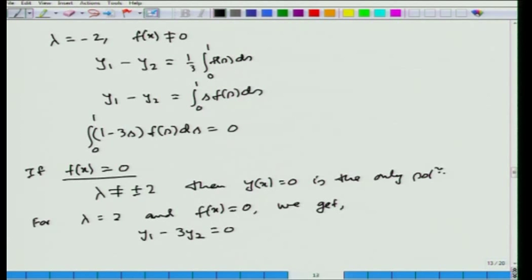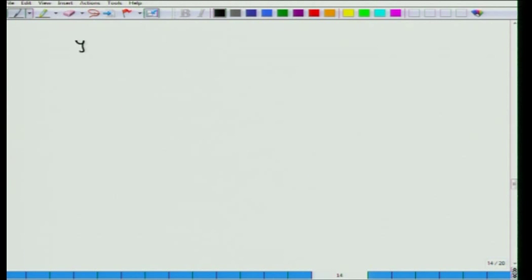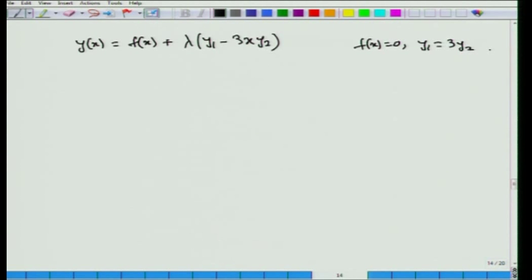And then from the expression y(x) equal to f(x) plus lambda (y1 minus 3x y2), with the substitution f(x) equal to 0 and y1 equal to 3 y2, we can find this is equal to 2 times 3 y2 minus 3x y2.